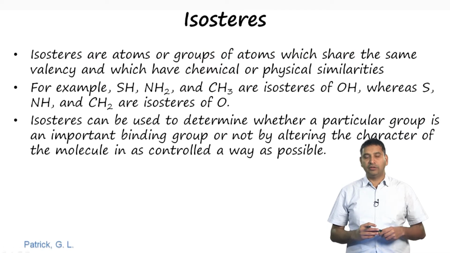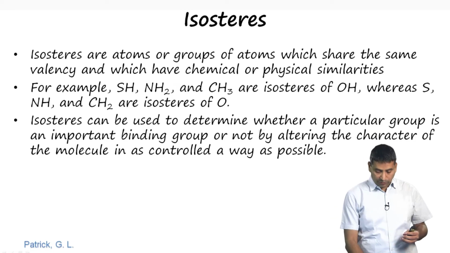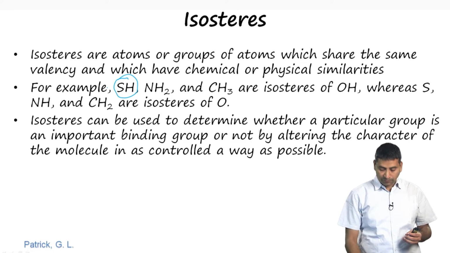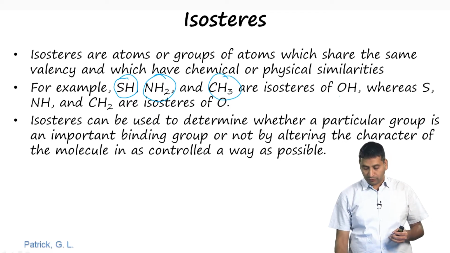Now, in this connection, we shall first introduce the concept of isosteres. Isosteres are basically atoms or groups of atoms which share the same valency and which have chemical and physical similarities. A simple example here is that thiol SH, NH2 and CH3 would be good isosteres of alcohols.